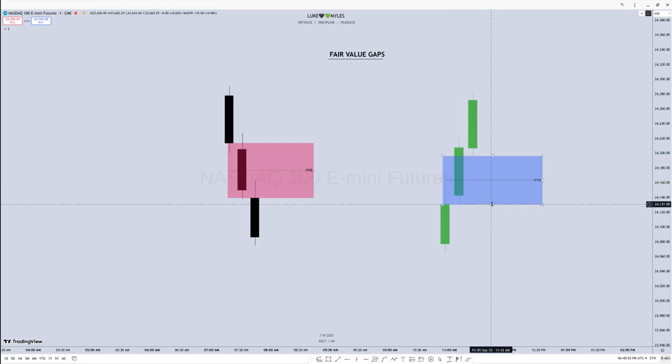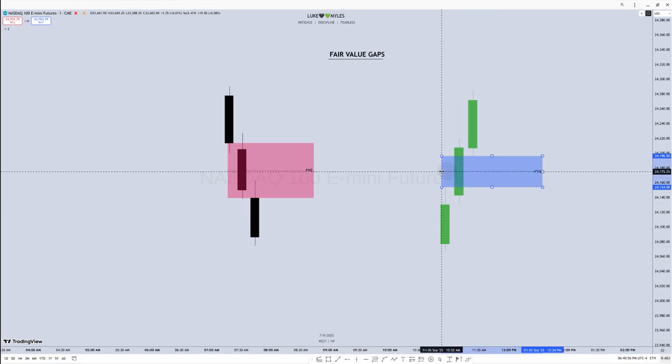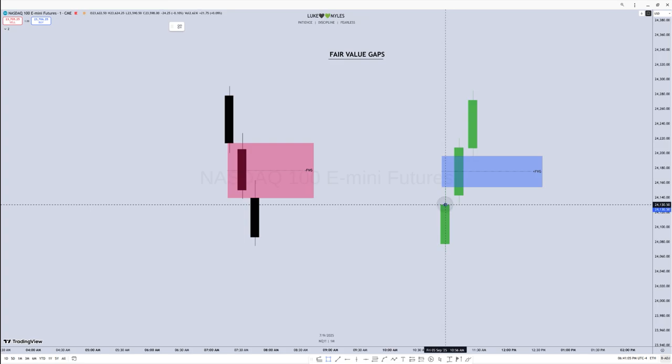But all in all, a gap in price that leaves certain price points without price action is a volume imbalance. So if I have from the close of that candle to the open of this other candle, that gives me my volume imbalance.